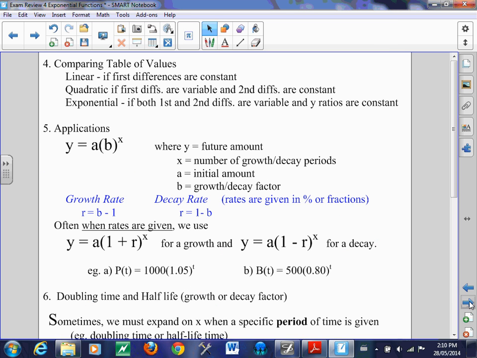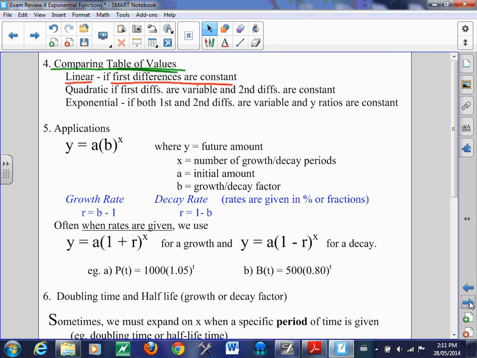Sorry for the flip-flopping. Okay, comparing table of values. You should be able to tell from a table of values, from an equation, from a question and a graph which functions are linear, quadratic, or exponential. Based on a table of values specifically here, we know that it's linear if the first differences are constant.